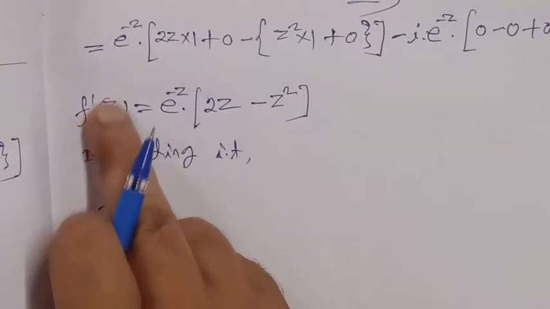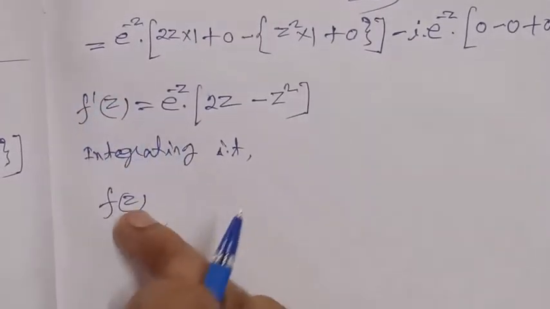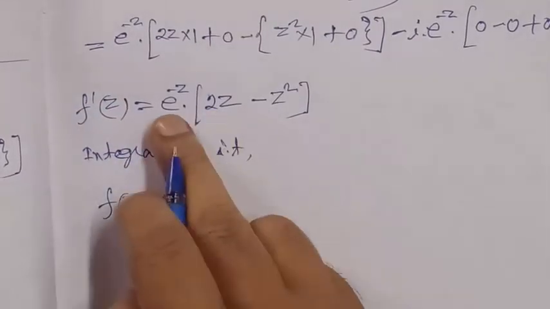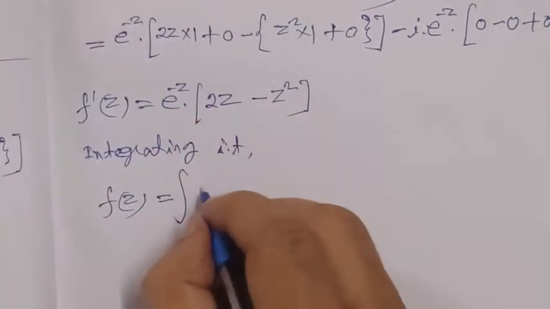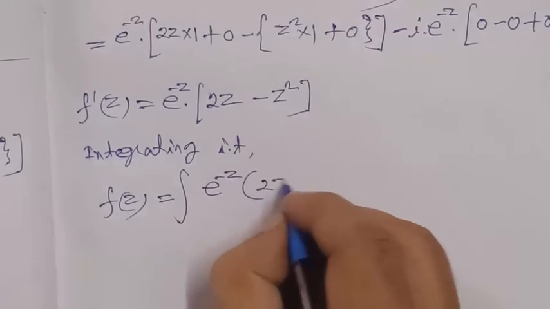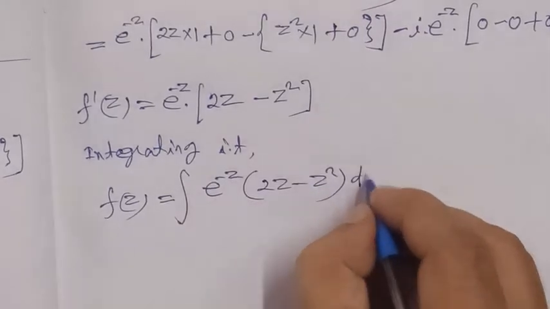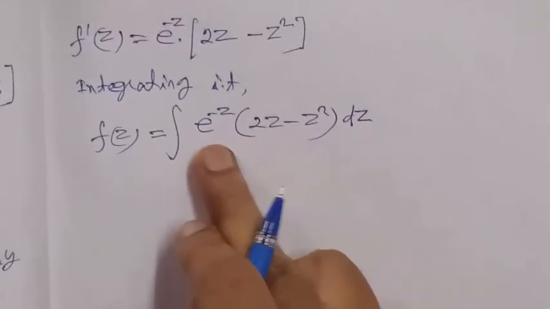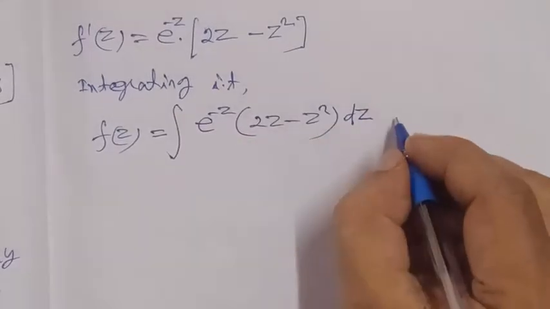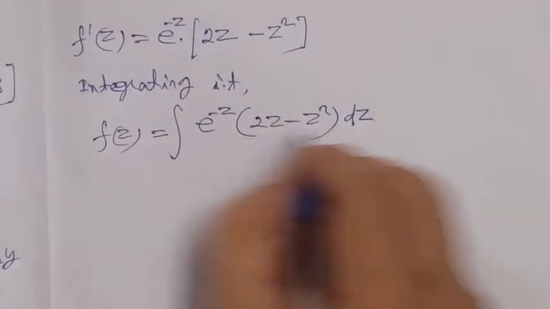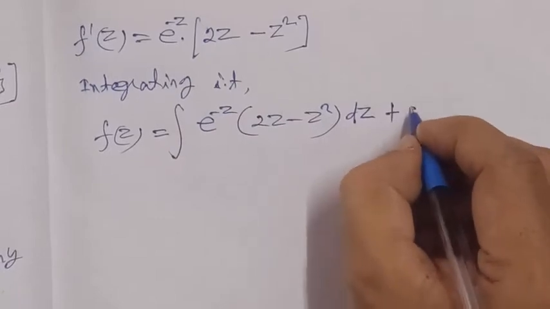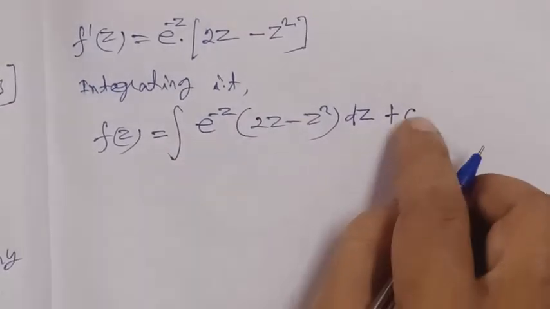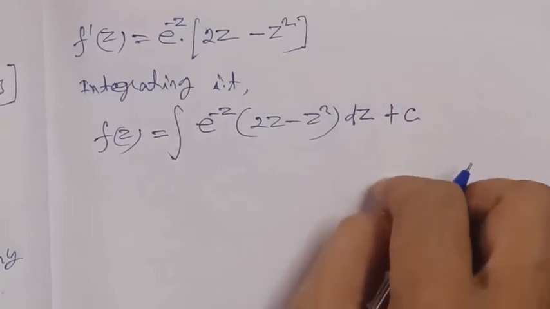So the integration of f dash z is equal to f z, and we integrate this function e to the power minus z, 2z minus z square. There are many methods to solve this problem. We know that when we integrate, we have to add a constant. We write c here, the constant of integration.